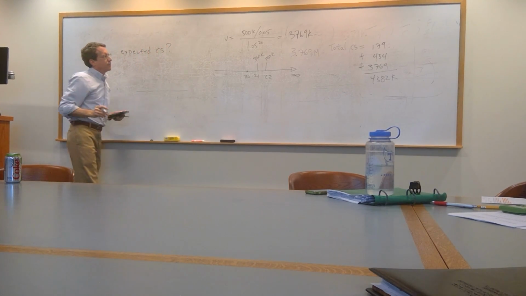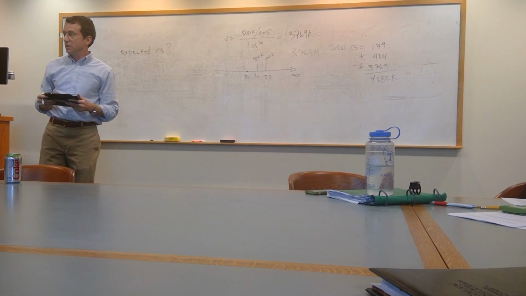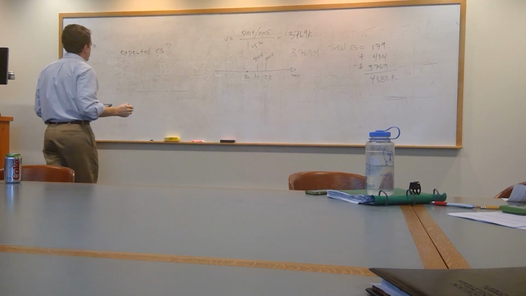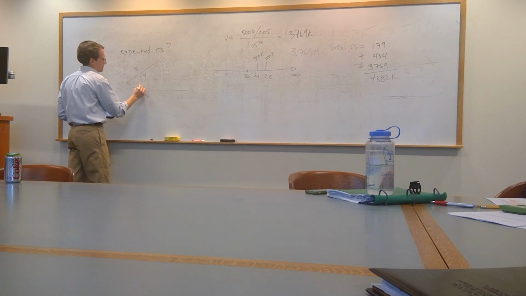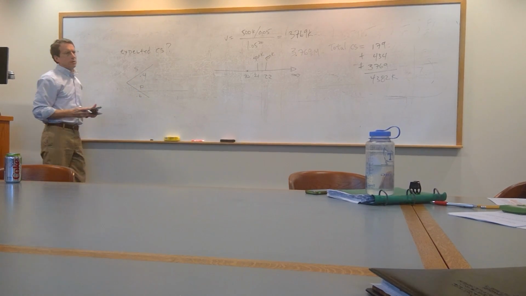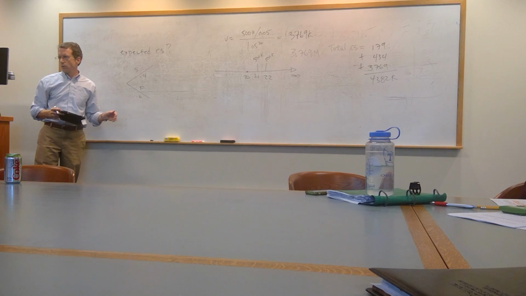Now the problem asks you to calculate this and then to report the expected consumer surplus. So we know that there's a 40% chance this is going to work, 60% chance it's going to fail.